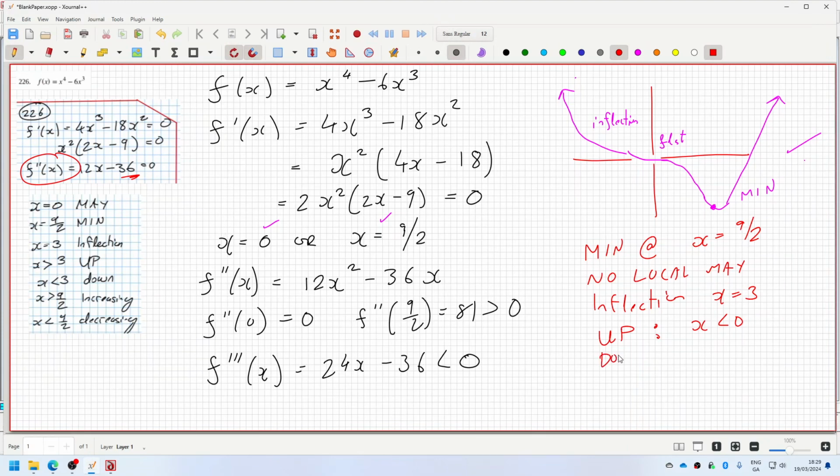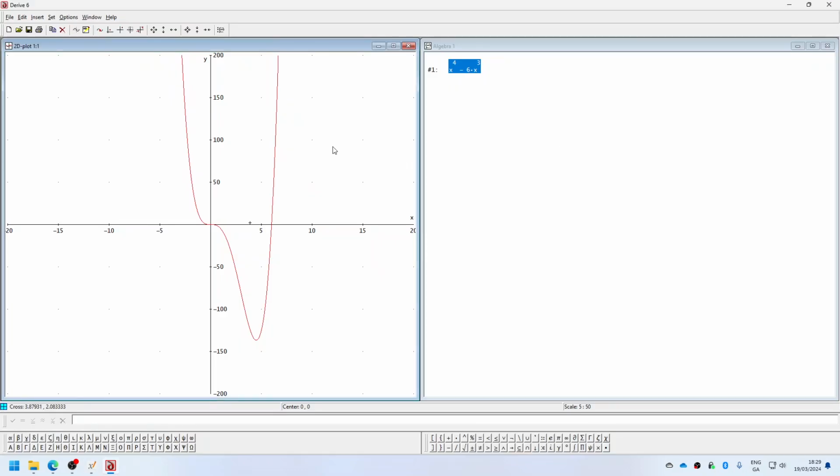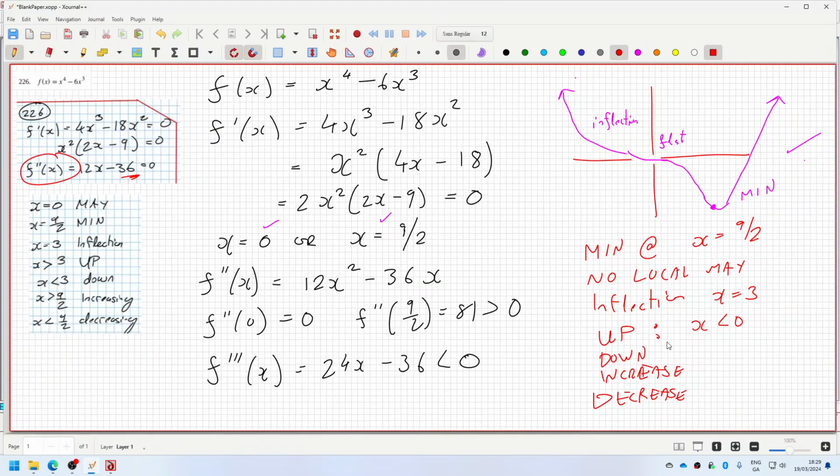Okay, we'll have down, increasing and then decreasing. Okay, so decreasing all the way until x less than 9 over 2, increasing more than 9 over 2.